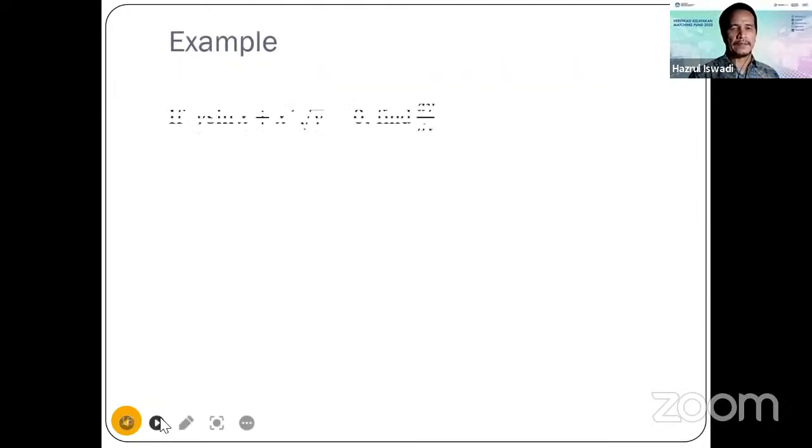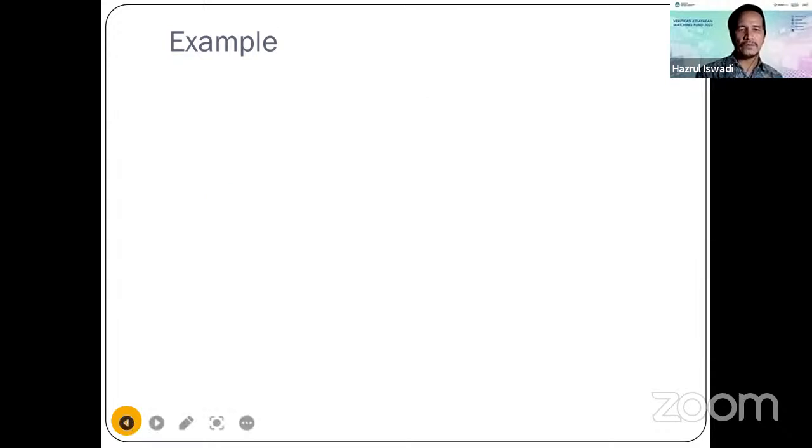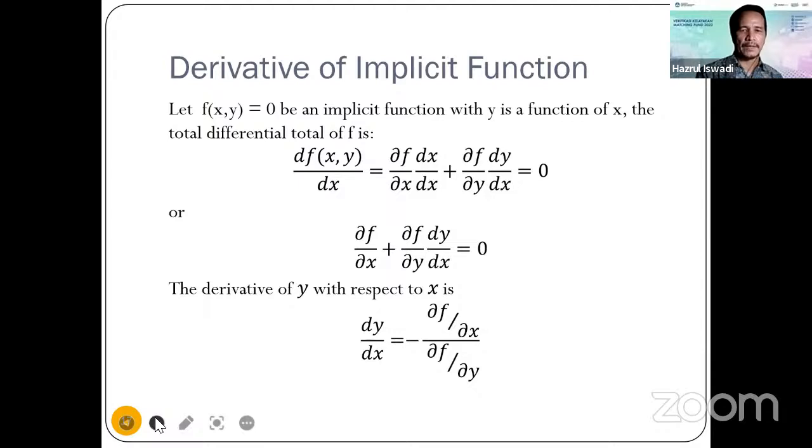Okay, this is the f(x, y), and we want to find dy/dx. The formula says that this is minus ∂f/∂x divided by ∂f/∂y.